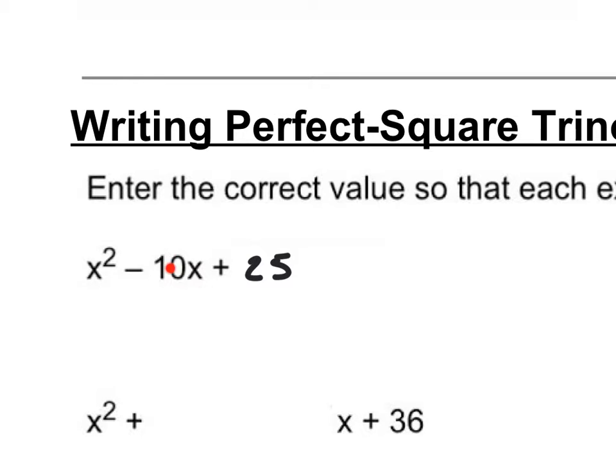That would be negative 5, and if I square that number, I get 25. So in factored form, this would be x minus 5 quantity squared. I'm just factoring, thinking about two numbers that add to negative 10 but multiply to 25, to make this a perfect square trinomial.